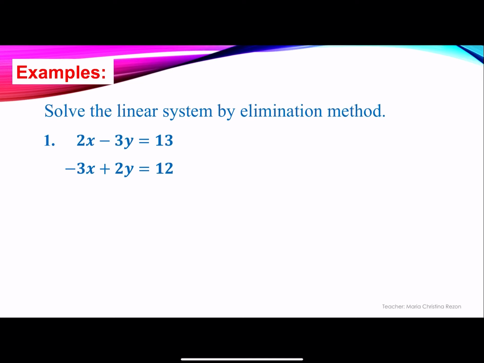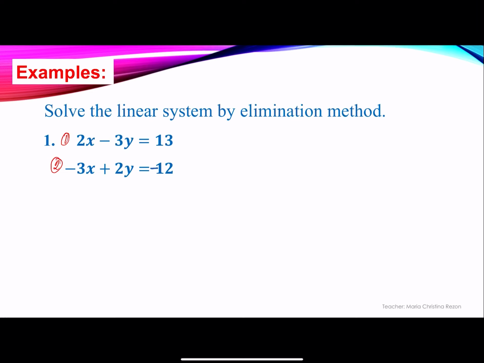So let's have the first linear system. You have 2x minus 3y equals 13, and then negative 3x plus 2y is equal to negative 12. So you have the first equation, and this one is your second equation. So what we need to do is make the coefficients of x or y opposites.